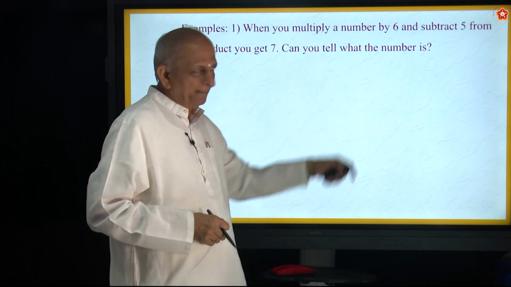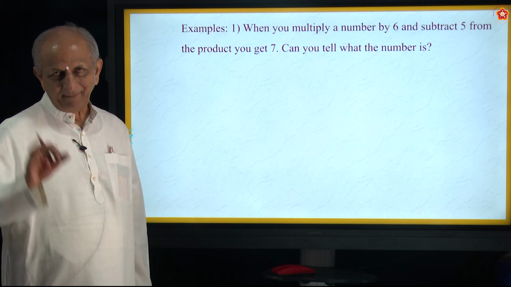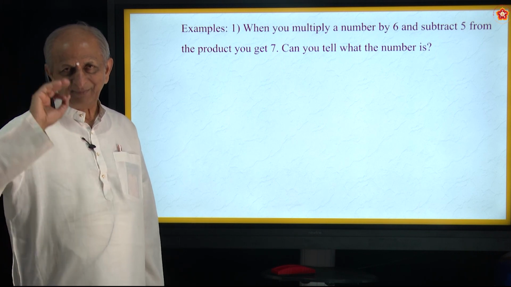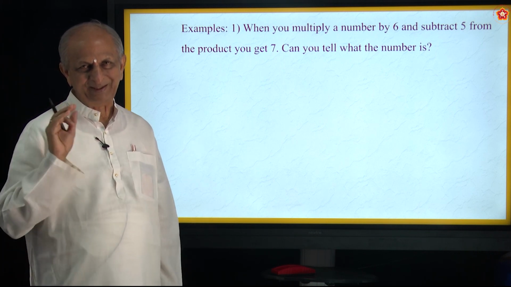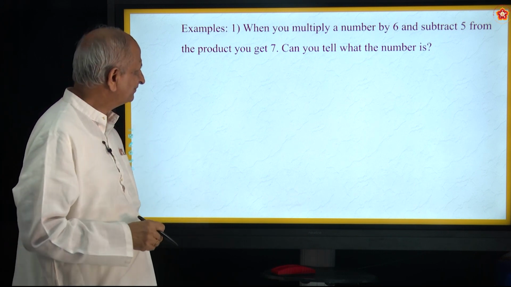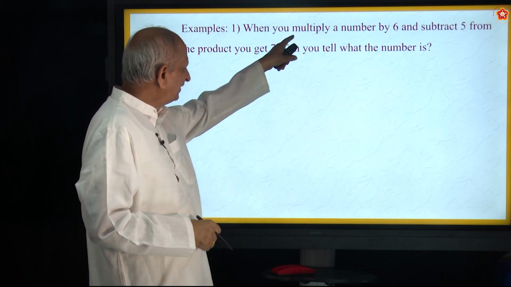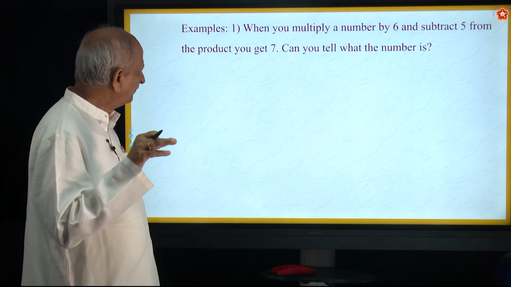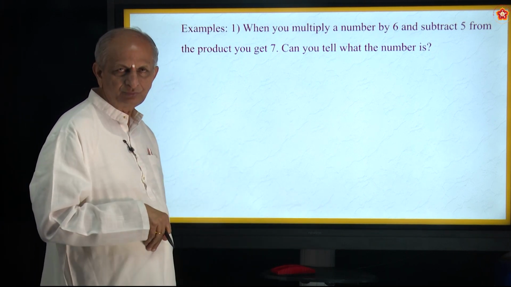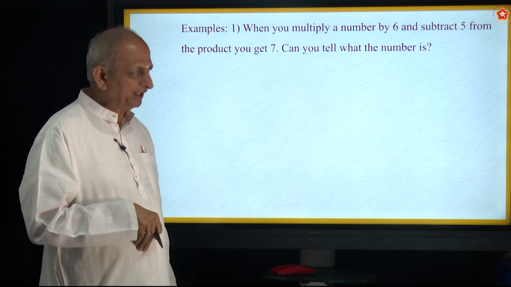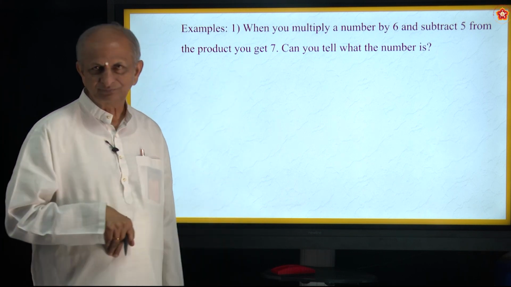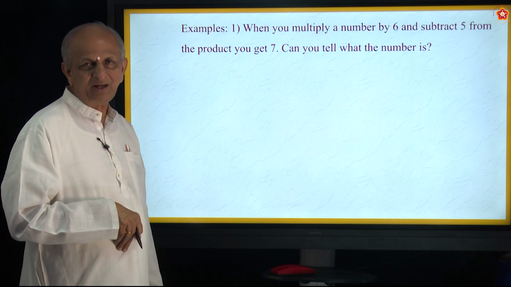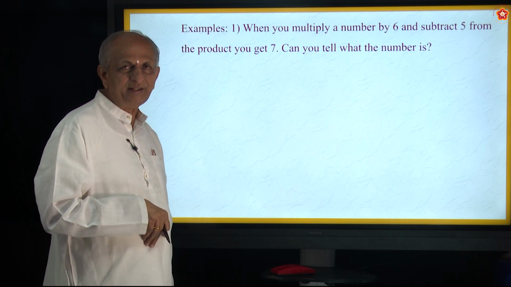Can you tell me that number? That number we call the mystery number, surprise number, we call it x. You are asked to multiply a number by 6 and subtract 5. After subtracting 5, you get 7 as the answer. So what is that number?